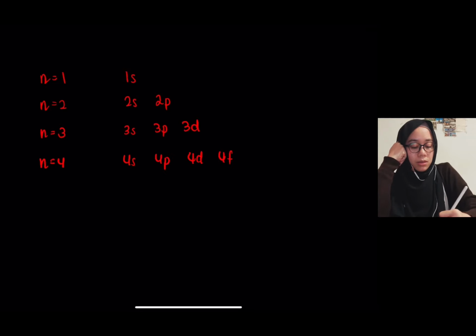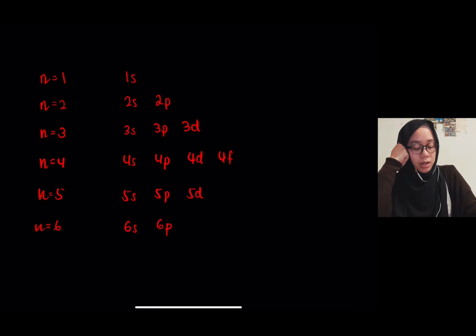At n equals 3, kita ada 3s, 3p, and 3d. At n equals 4, we have 4s. Sebenarnya dekat 5 dengan 6 tu ada banyak lagi orbital yang lain, tapi Miss tak tunjuk lah. Miss just tunjuk yang ni sahaja dahulu.